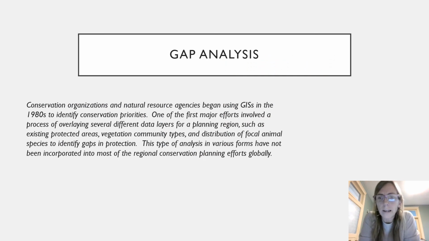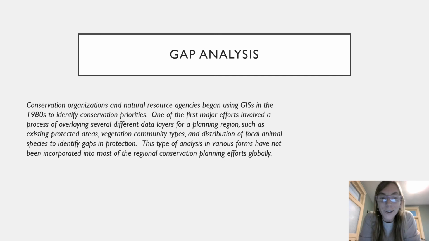I wanted to mention the concept of gap analysis that is so important to conservation and landscape ecology. So conservation organizations and natural resource agencies started using GIS back in the 1980s, really to identify conservation priorities. And one of the first major efforts involved the process of overlaying several different data types for a planning region that was important.